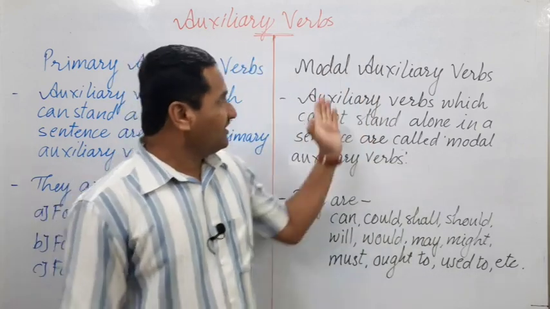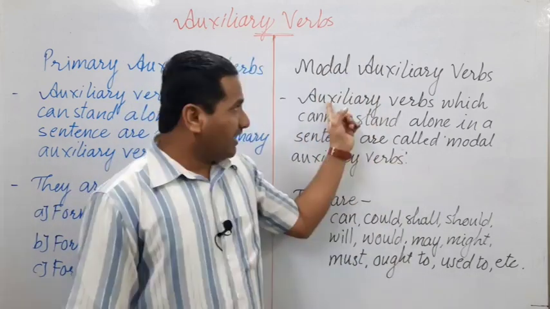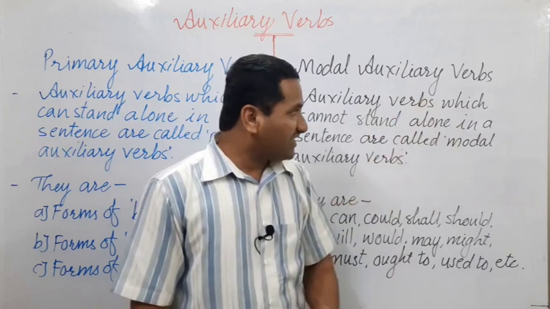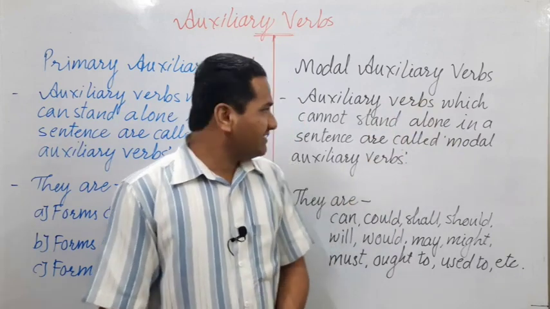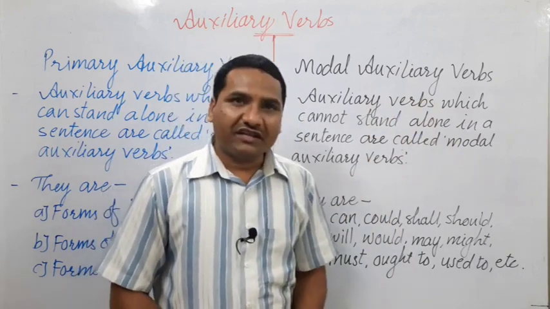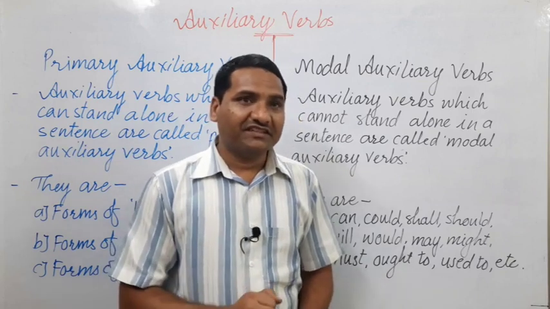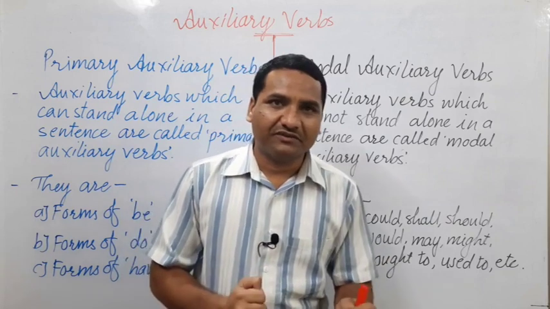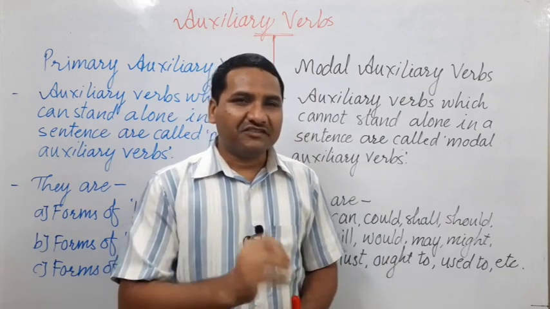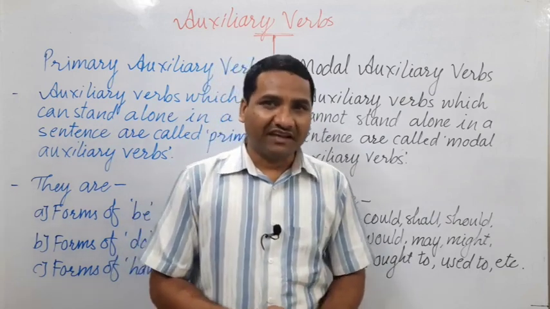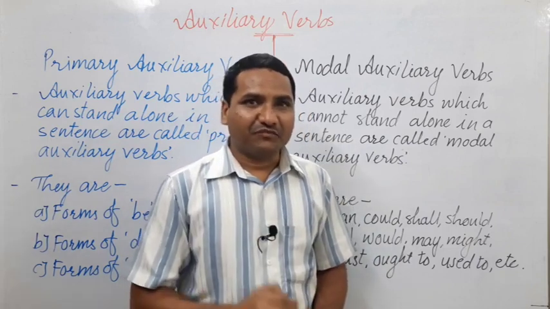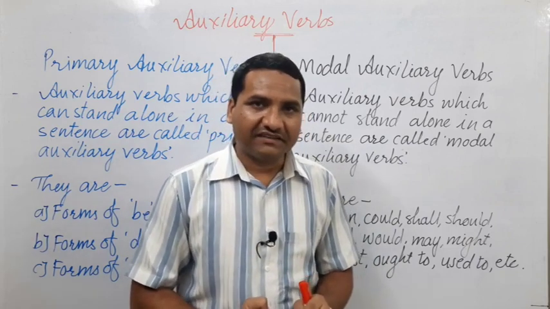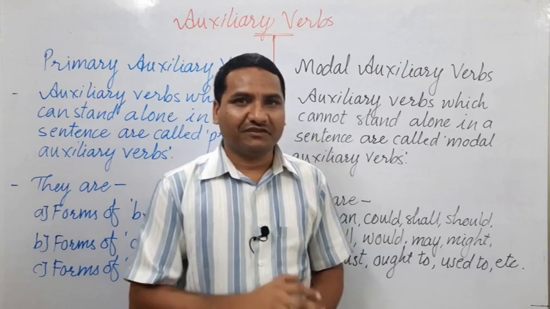Now the second, modal auxiliary verb. Auxiliary verbs which cannot stand alone in a sentence are called modal auxiliary verbs. Means there must be a main verb after the modal auxiliary verb. For example, I can swim in the river. Here can is a modal auxiliary verb and swim is a main verb.